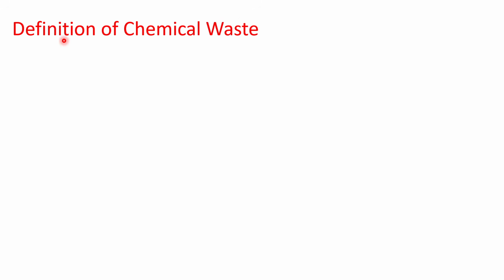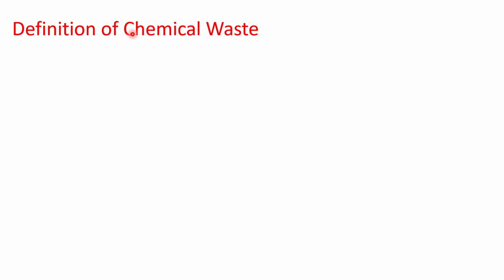In order to understand any topic, it is important to define the topic right away, where it first appears. That's called the principle of first mention. The principle of first mention states that in order to unlock the understanding of any topic, it is important to define the topic where it first appears. So we are looking at chemical waste.